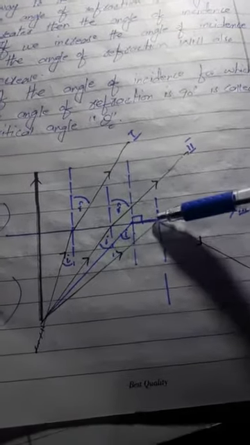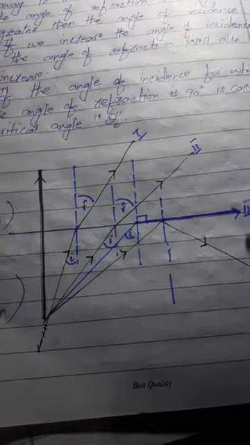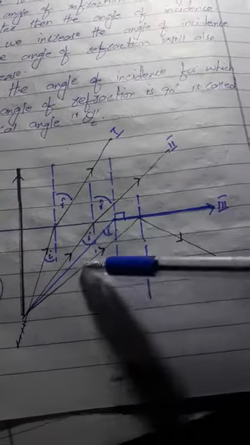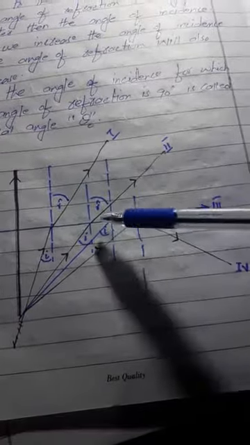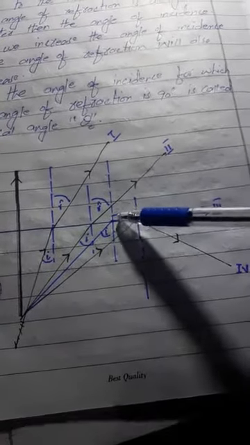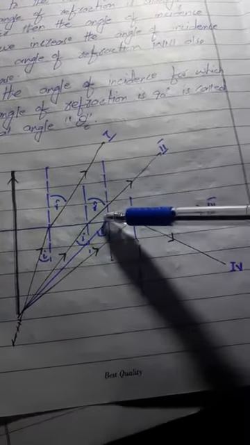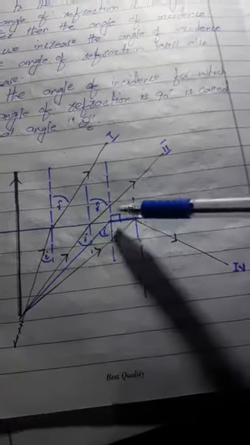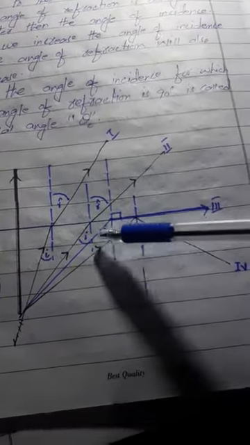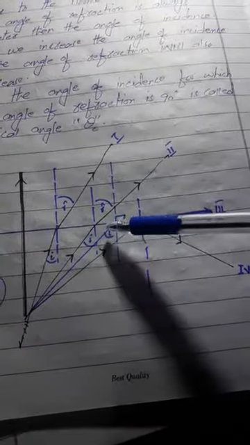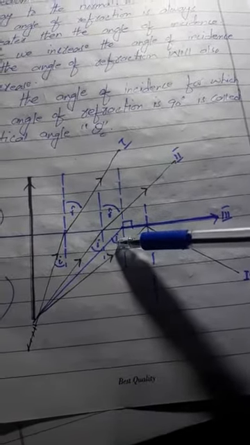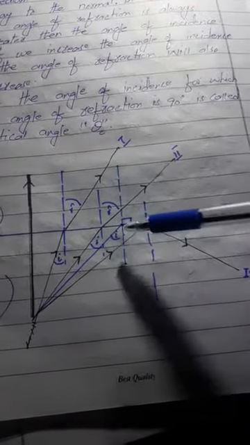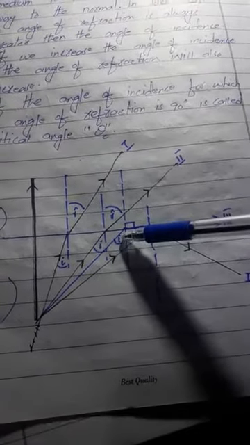A point will come, as you can see in ray 3, when the angle of incidence for which the angle of refraction is making an angle of 90 degrees. In this, see, the third ray is making an angle of 90 degrees. So that incidence angle for which the angle of refraction is 90 degrees, that incident angle is called the critical angle.